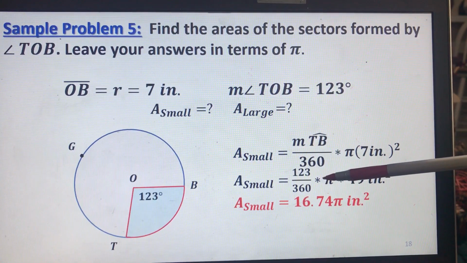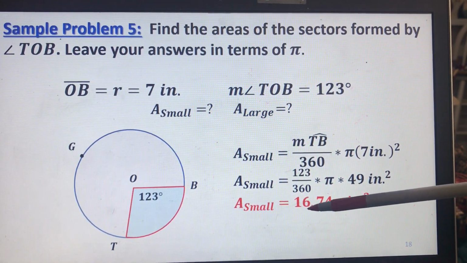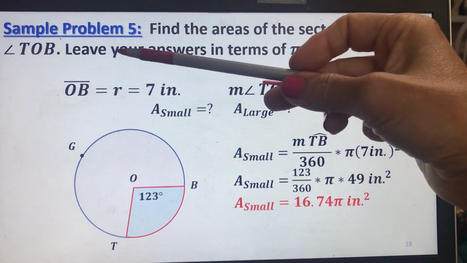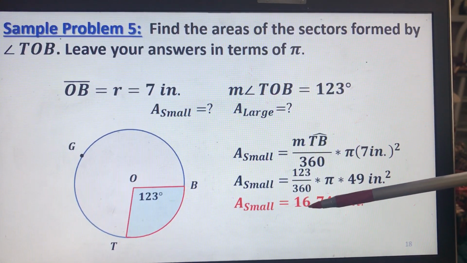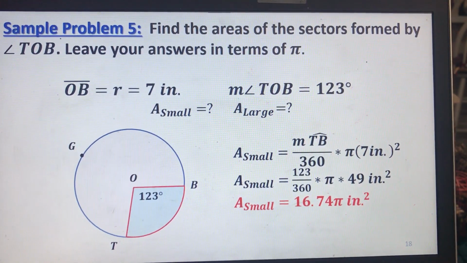After we perform our operation, the area of the small sector is going to be 16.74 times pi, because remember we have to leave our answer in terms of pi. So it's 16.74 pi square inches.